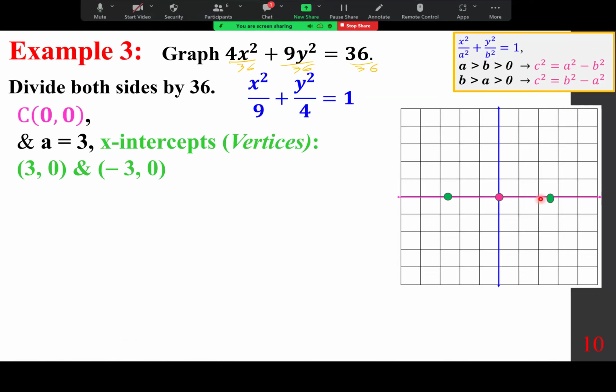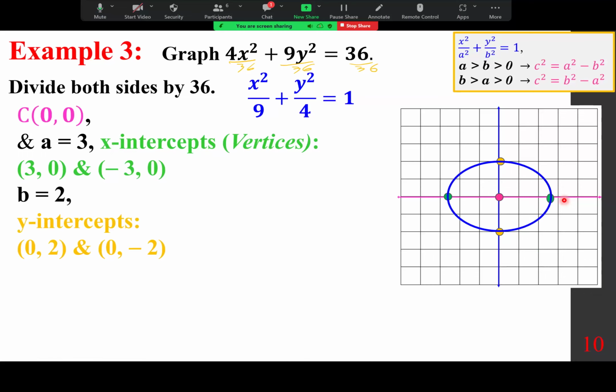It's not too squared, it's a little bit off. B is 2, the y-intercepts are at (0, 2) and (0, -2), and put them together.